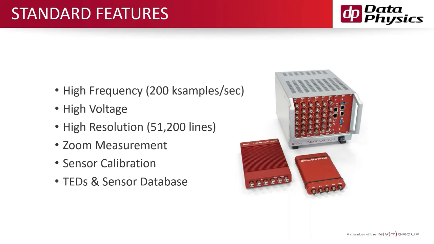All the 3 systems, the 901, 906, and Quattro, are loaded with standard features. They come with high frequency, over 200 kilosamples per second, and high voltage, over 10 volts, all the way up to 30 volts. If you're trying to make a high voltage measurement, certainly you can do that with these units. Also included are 51,200 lines for high resolution, and the zoom measurements, sensor calibration, TEDS support, and sensor database are all included as standard features.